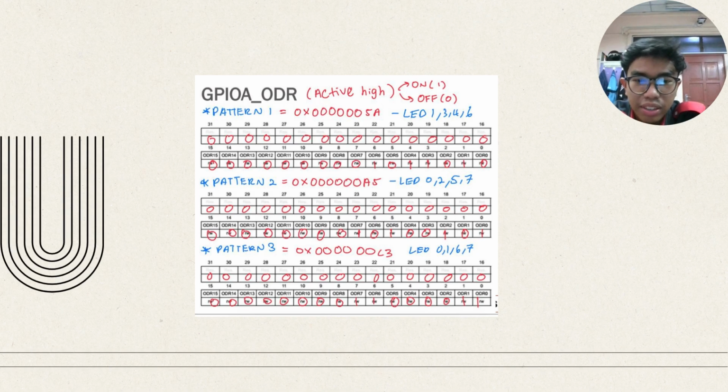For the last pattern, when both buttons are pressed, LED 0, 1, 6 and 7 will be on. Set the value 1 for LED 0, 1, 6 and 7. So the value of the last pattern is 000000C3. So that's all.